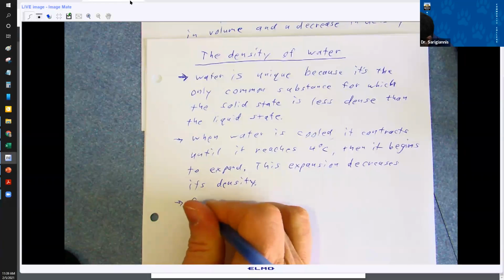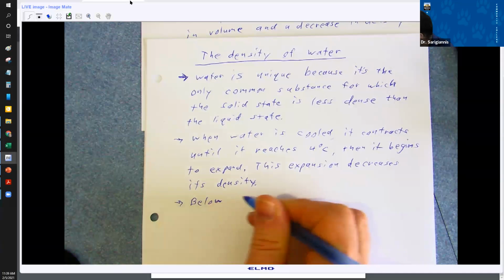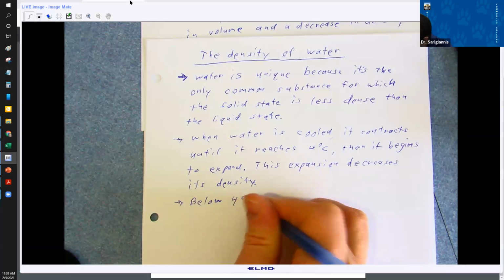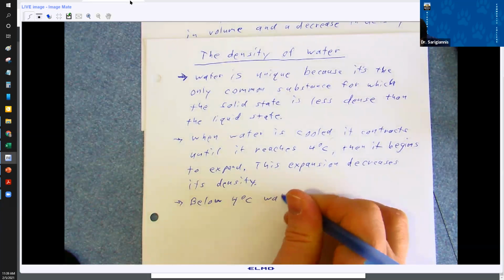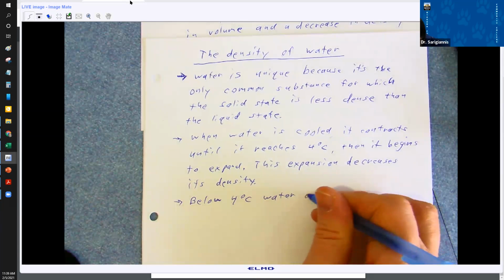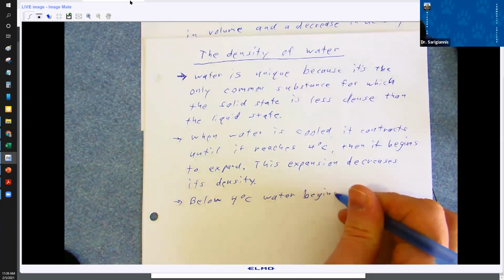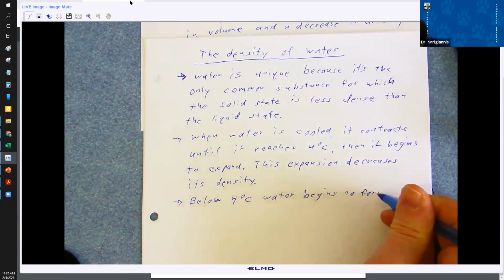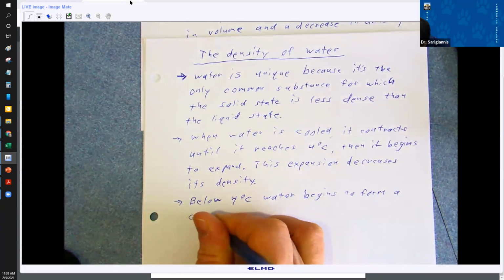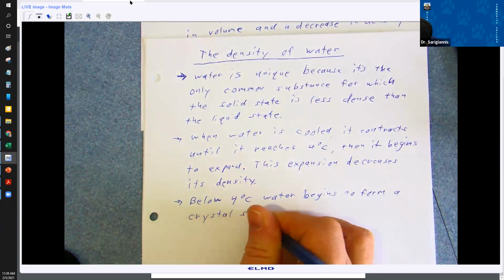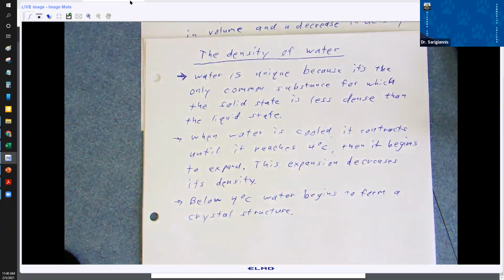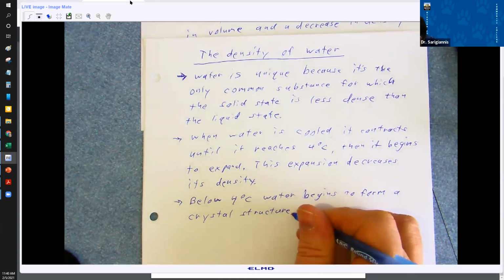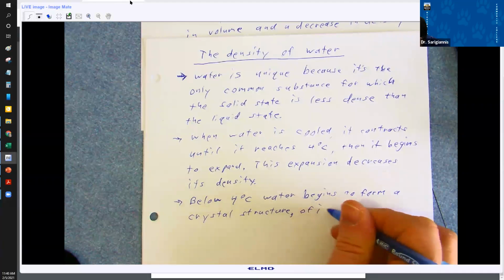So why does this happen? Well, below 4 degrees C, water begins to form a crystal structure, I guess let me put a comma here, of ice.